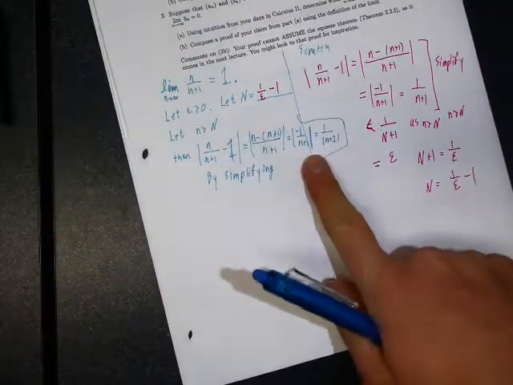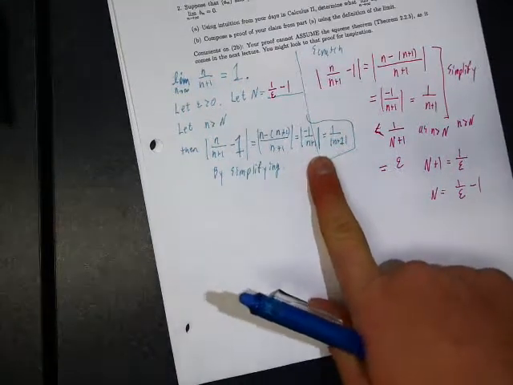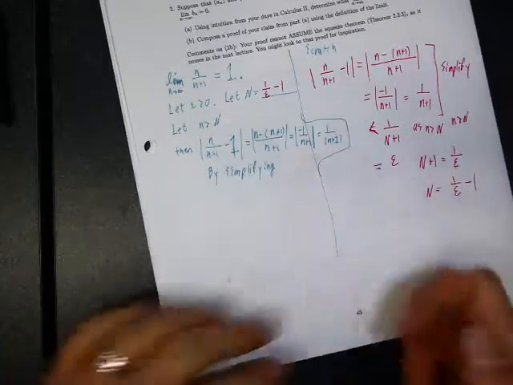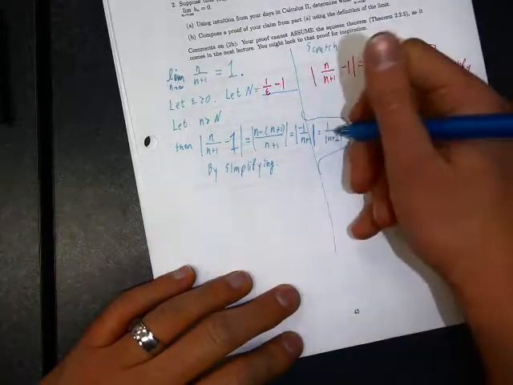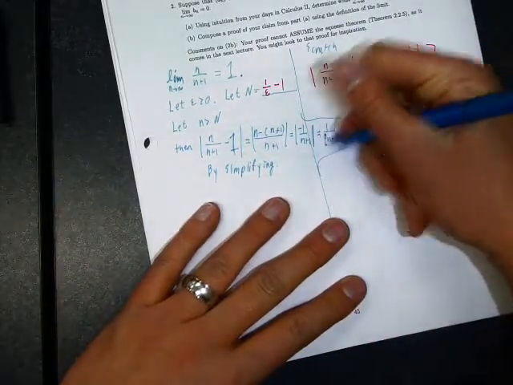Right, I don't want to see you guys doing this on your homework, but that's cool. I'm not turning this in. So that simplifies down to no absolute value bars anymore, just 1 over n plus 1.